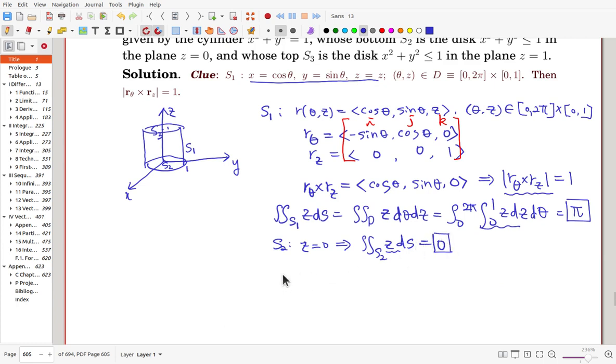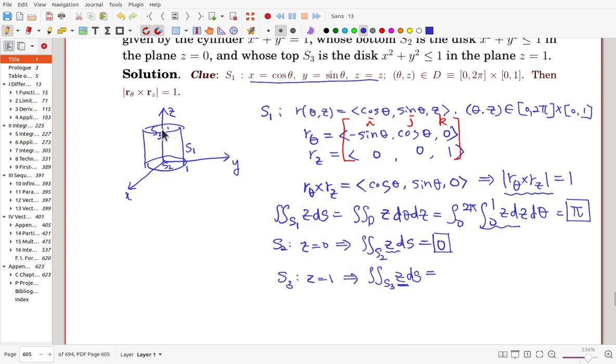How about S3? It's a flat top, where z is 1, so the surface integral over S3 of z dS is just the area of this top.